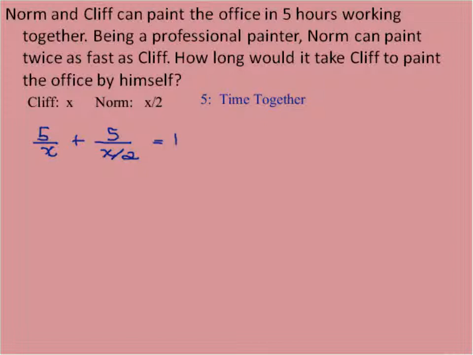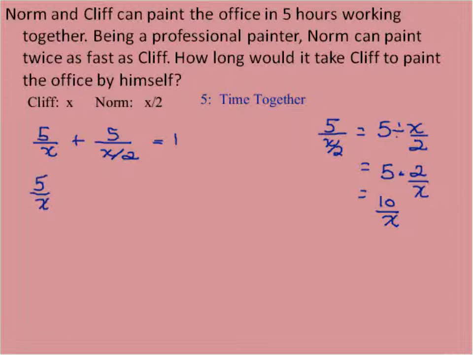But I can quickly change this compound fraction, because 5 divided by x over 2 means 5 divided by the fraction x over 2. So I can change that to be 5 times 2 over x, which is 10 over x. So I'm going to replace that fraction with 10 over x.